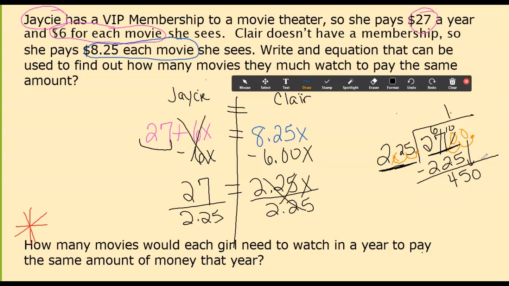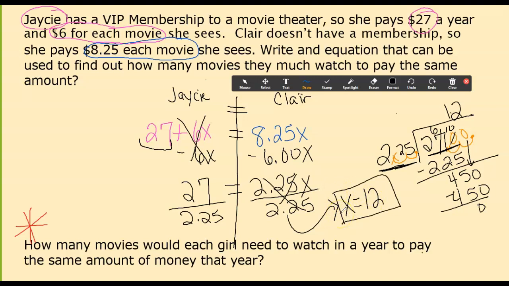How many times? 2 times. Good. 2 times 225, 450. It goes in there even. So therefore, x is equal to 12. So to answer our question, how many movies would each girl need to watch in a year to pay the same amount of money that year? 12 movies.